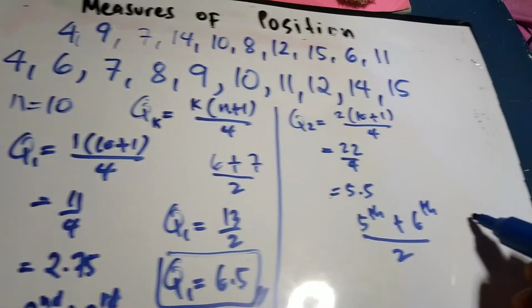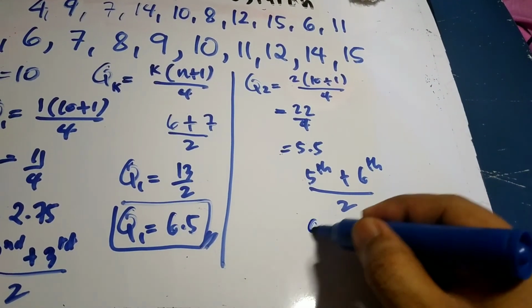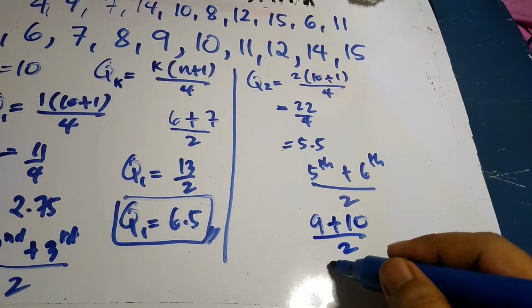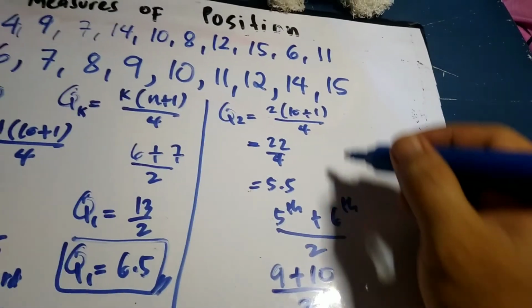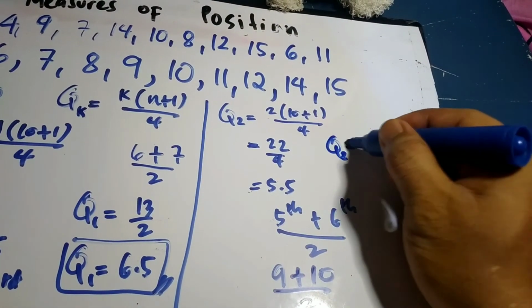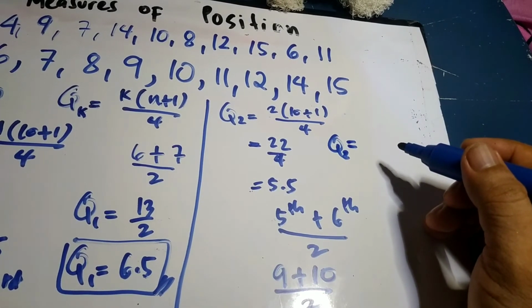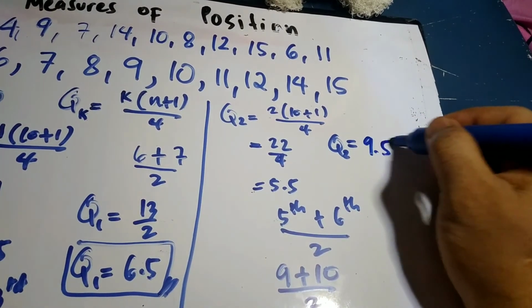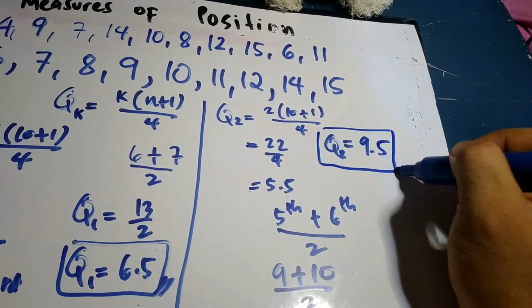So this is 9 plus 10 divided by 2, so this is 19 divided by 2. Ang ating magiging middle term o yung median is 9.5. So ang ating Q sub 2 o yung ating median ay 9.5.